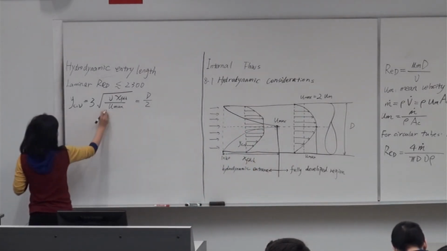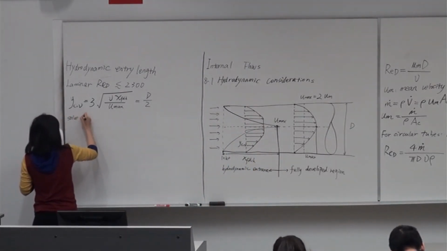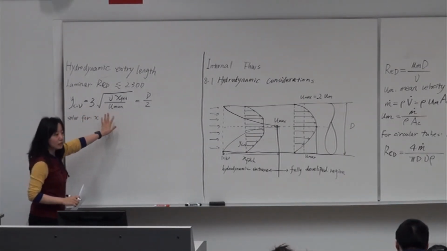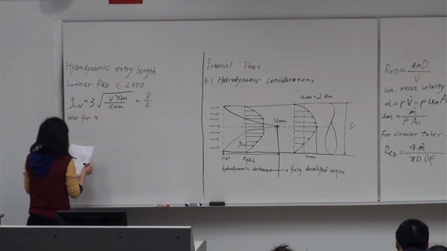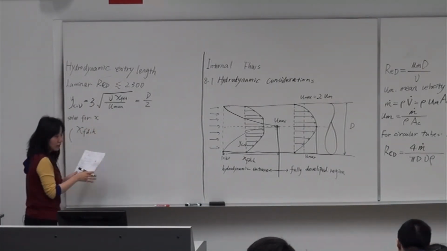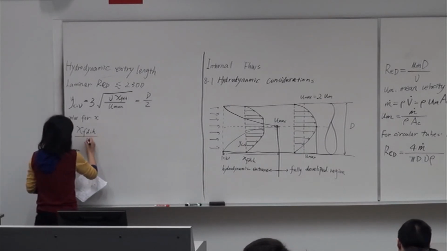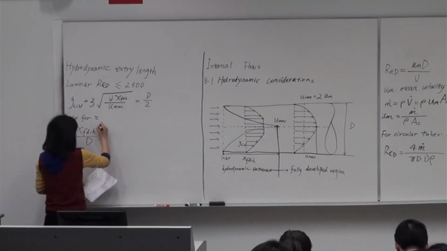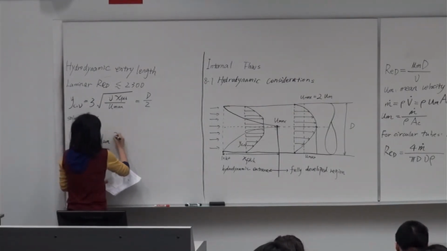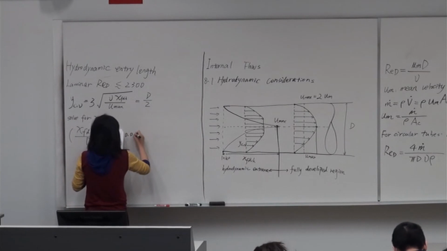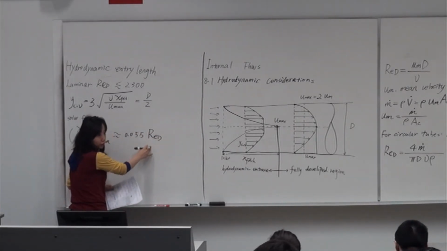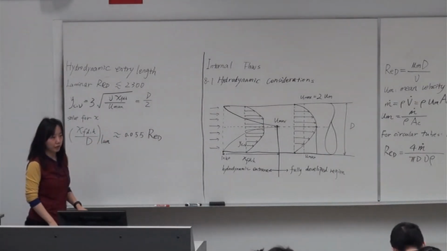So for x, we just double each side, and we get our fully developed hydrodynamic entry length, the ratio over the diameter of the tube for the laminar case, is more or less 0.055 times the Reynolds number based on the diameter of the tube and the mean velocity of the fluid.